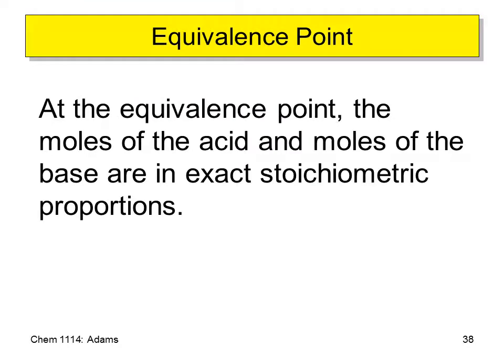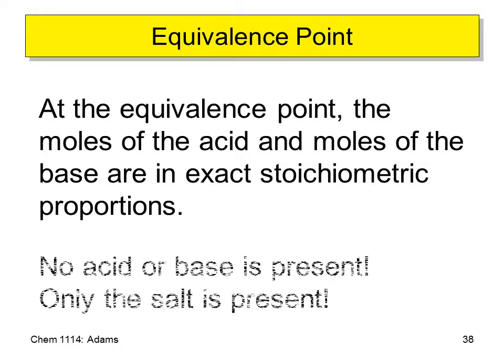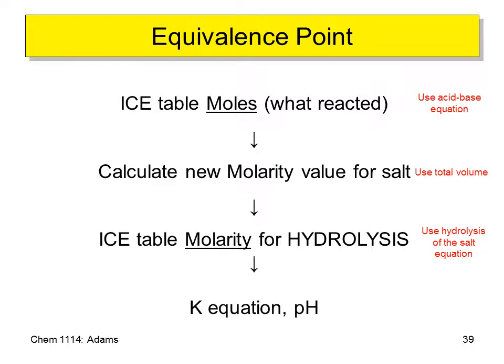At the equivalence point, the moles of the acid and the moles of the base are in exact stoichiometric proportions. Again, here it's 1:1. In the homework, one of the problems is not 1:1. No acid is present, no base is present, only the salt is present.